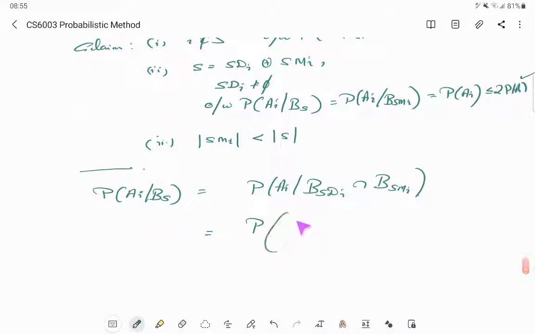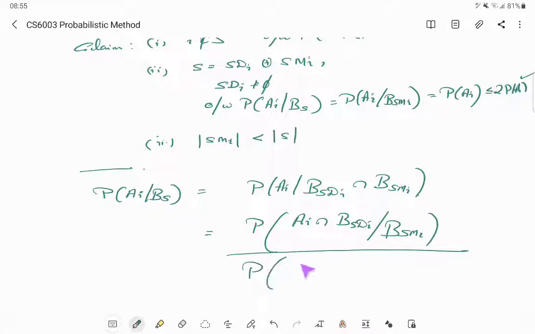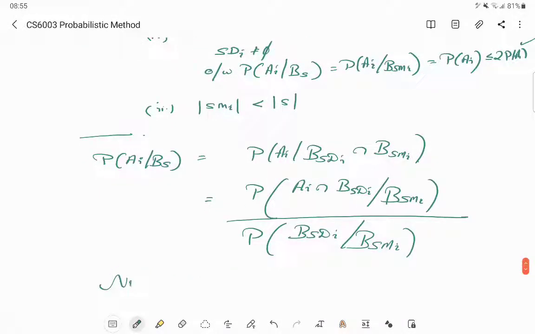Now this is Ai intersection B SDi given B SMi by P of B SDi given B SMi. Now this is where we started bounding the numerator and denominator separately.